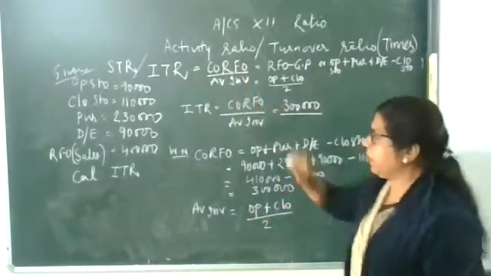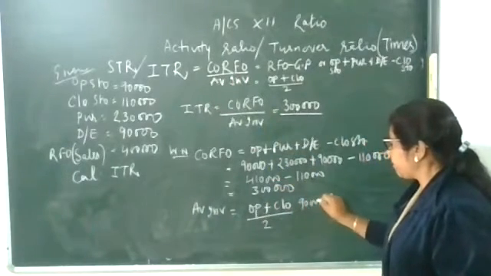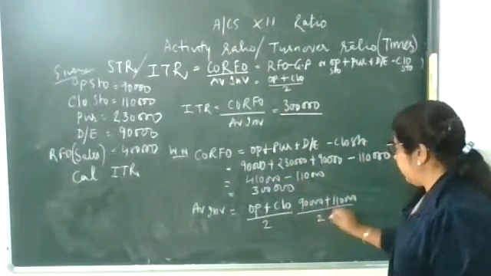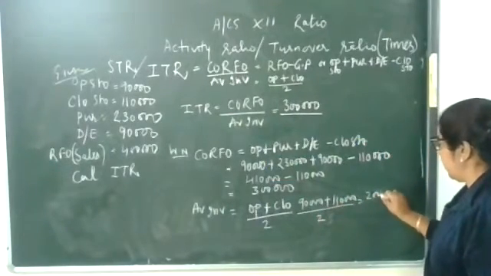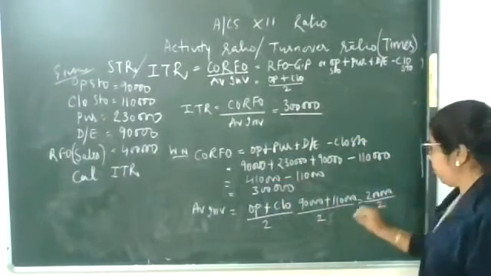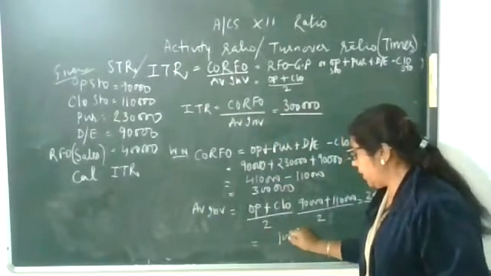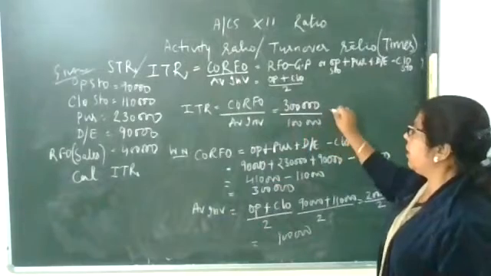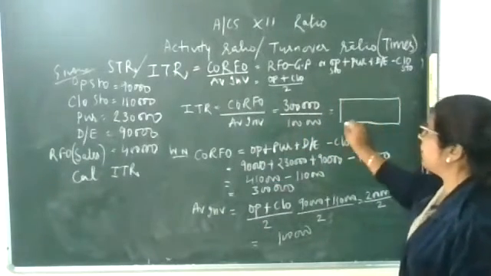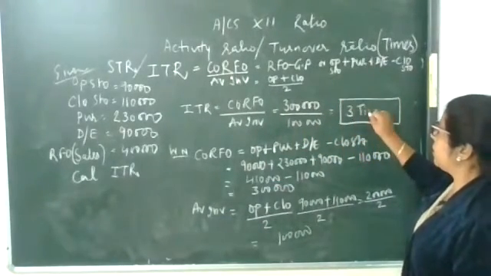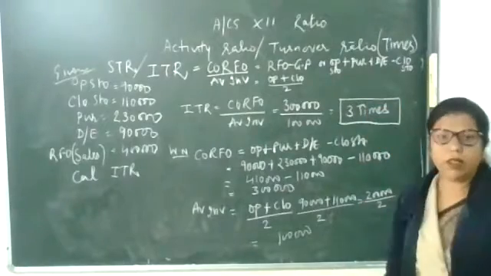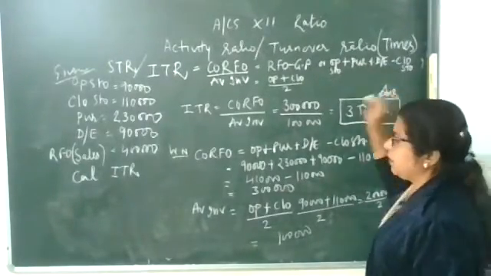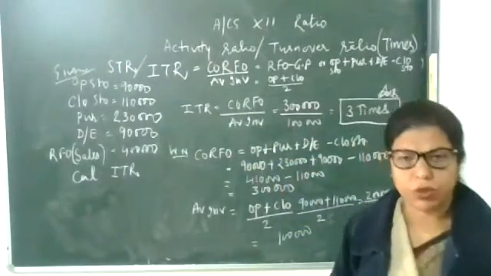So here opening is 90,000, closing is 1,10,000, divided by 2, that is 2 lakh divided by 2, that will be 1 lakh. Now we have to put here 1. Our answer will be 3 times. That is your answer. These are your working notes.